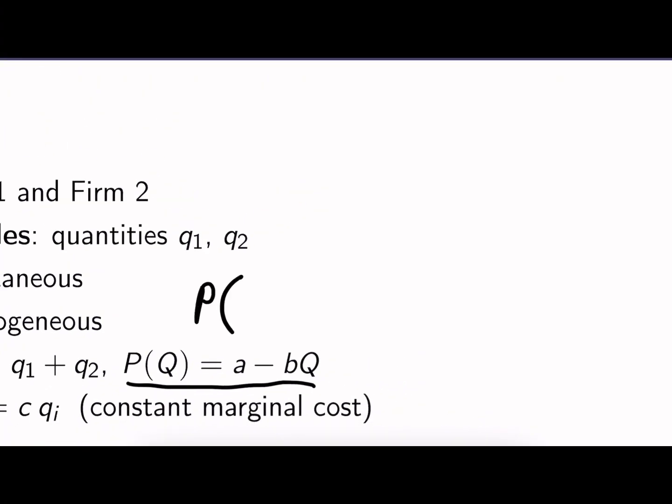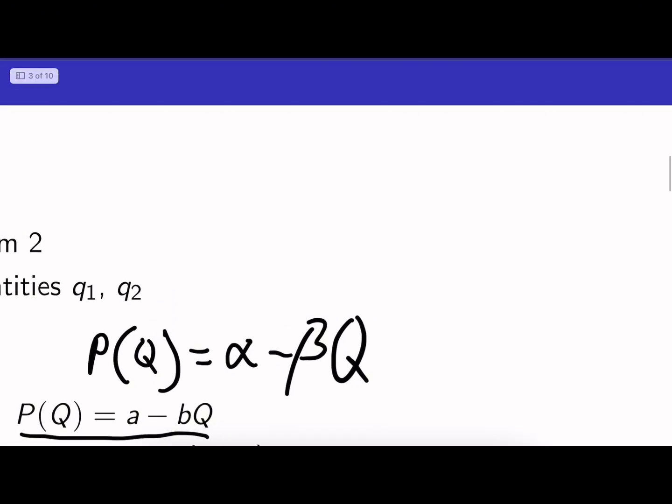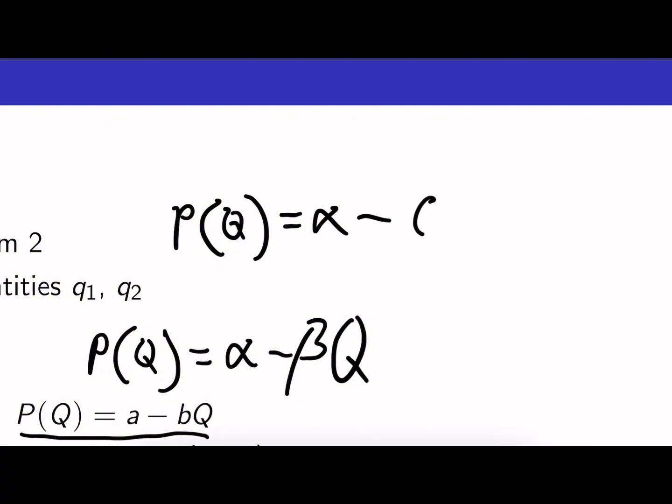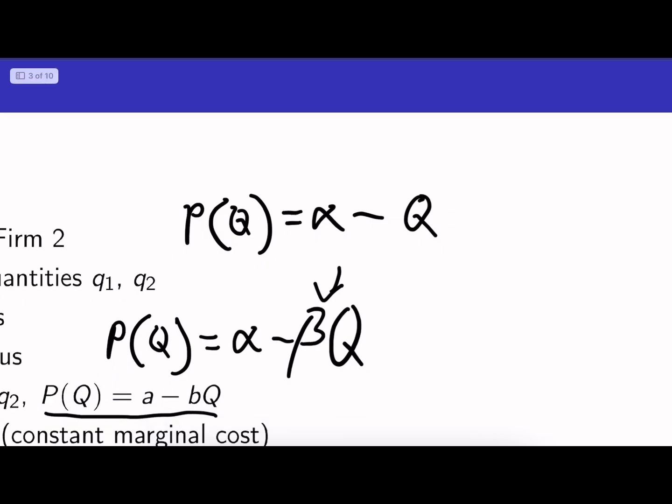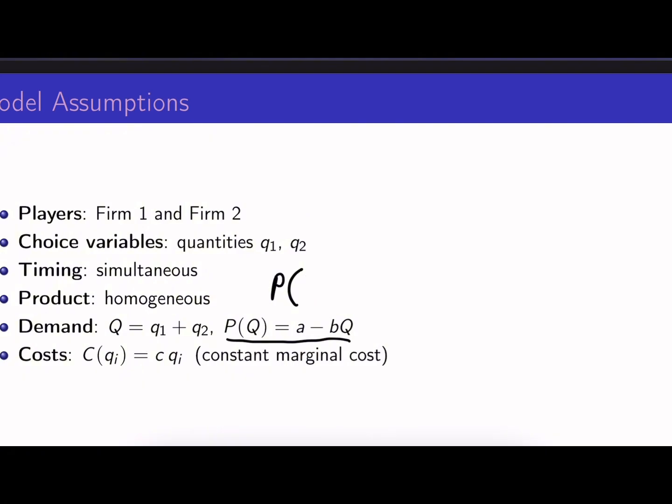Sometimes you'll see something like this: P of Q is equal to alpha less beta Q. It's the same thing, except I'm writing just A less B. And then you can also get something like this, where we're assuming that B is just 1, so it's a direct influence. But that's not the case ever. But anyway, that's neither here nor there.